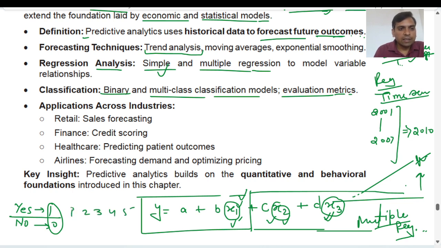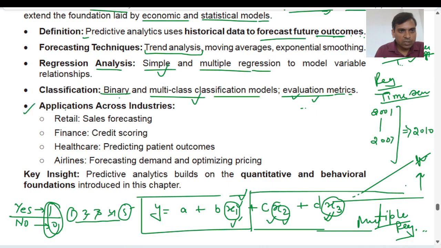This is least satisfied, this is most satisfied, and this is in multiple categories, like 20%, 30%, 40%. So this is considered multi-class classification, and binary is when you have either two options, yes or no, with no option other than this. And the evaluation matrix means multiple kinds of correlation between the variables. This may be based on correlation, or on multiple statistical techniques, not only correlation and regression.